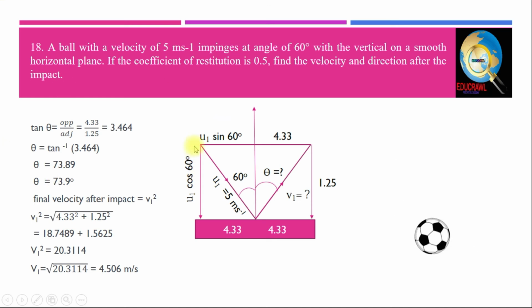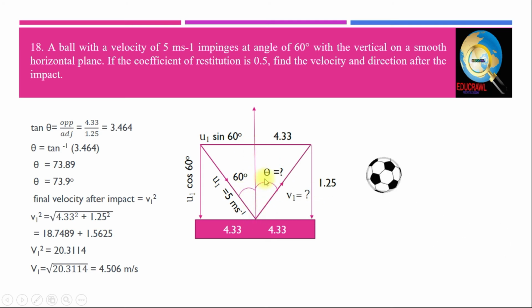So the final velocity is given by V1 square. You can easily find this is the resultant velocity. One value is 4.33. This is 4.33. Follow my pointer, you will understand. This vector is 4.33, and this vector is 1.25.